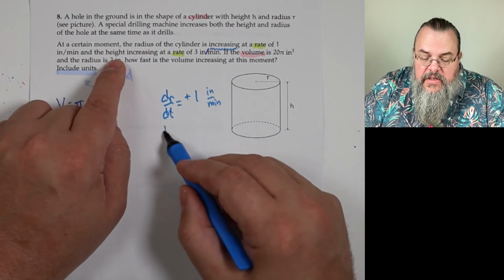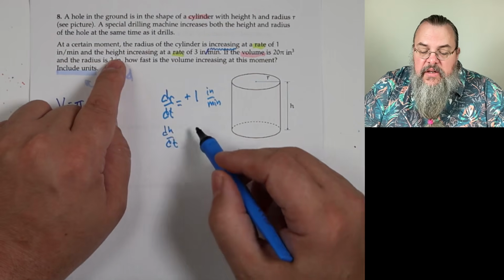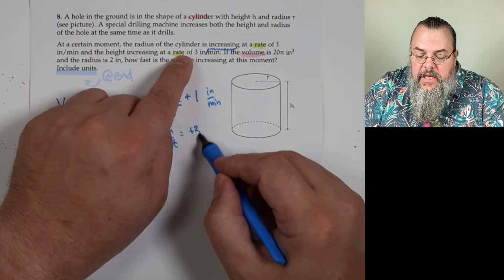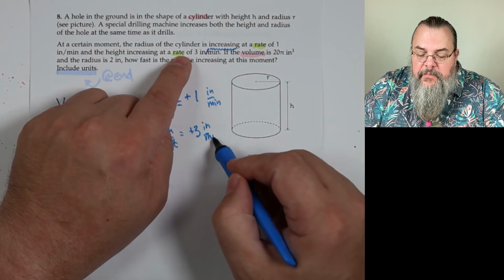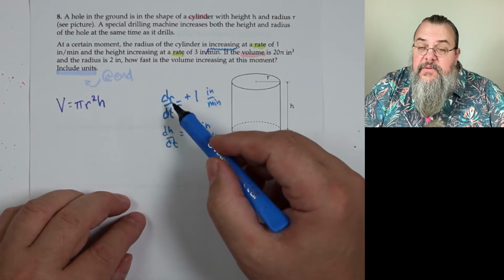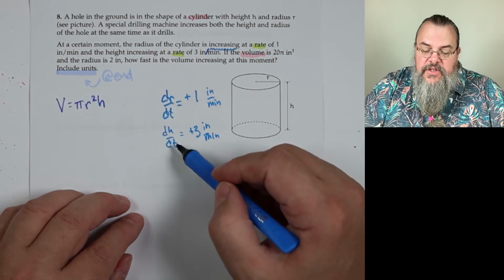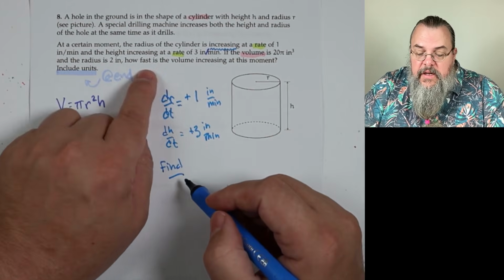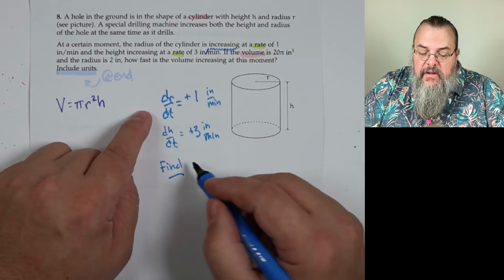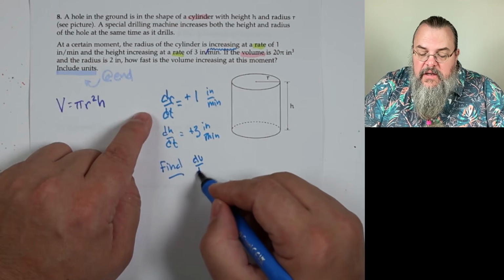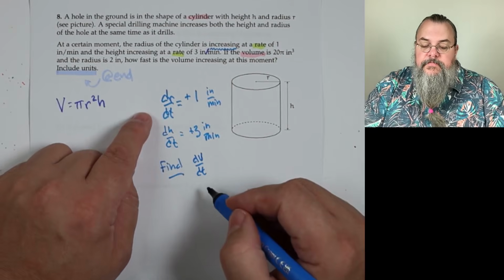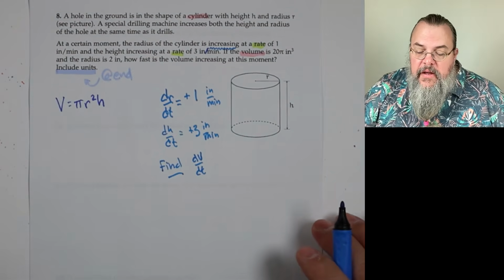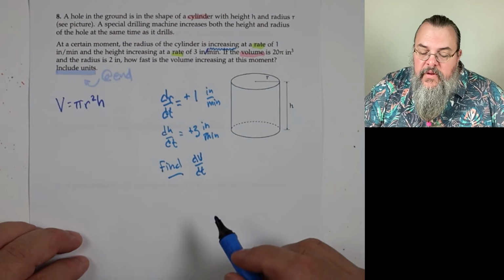Height, dh dt, is increasing, so that's a plus, at a rate of 3 inches per minute. And so we have dr dt, we have dh dt, and our goal is find, right, how fast volume is increasing. So find dv dt. All right, so now we have a couple of things. Cool.